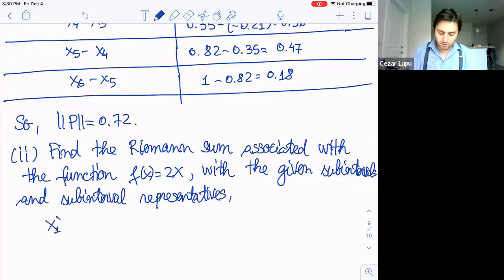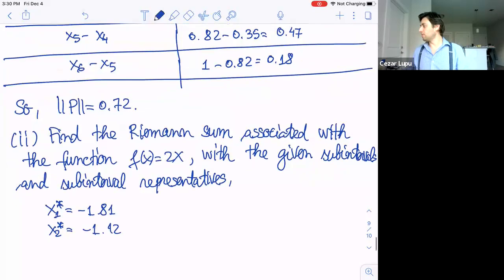So let's just say we're given the following representatives. x1 star will be negative 1.81. x2 star is negative 1.12, let's say. Let me look in the notes.